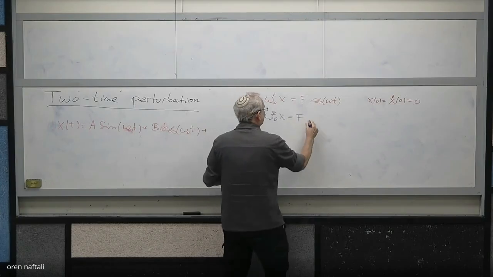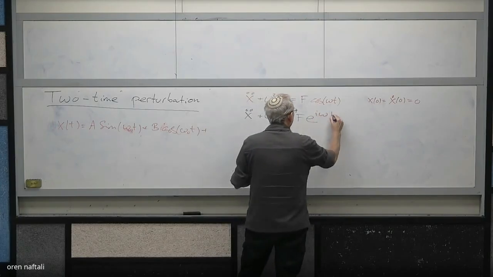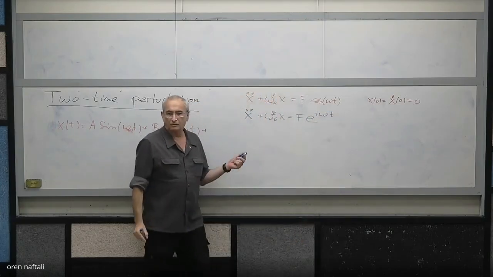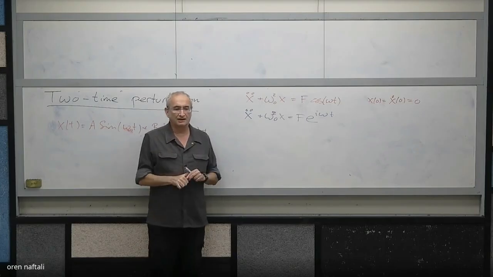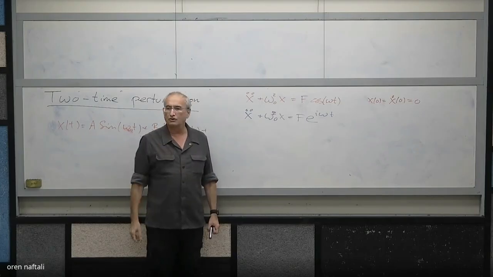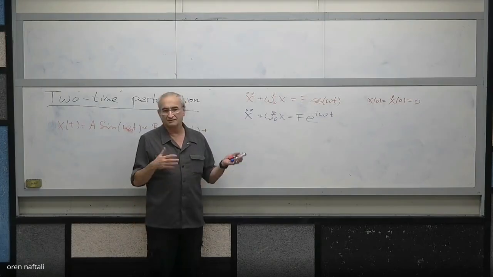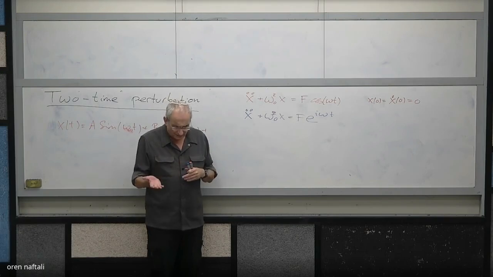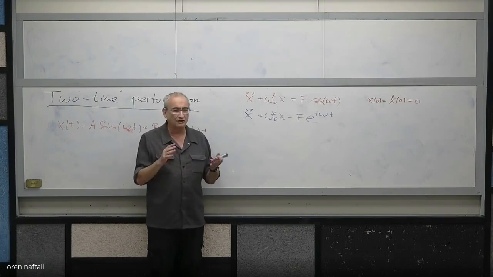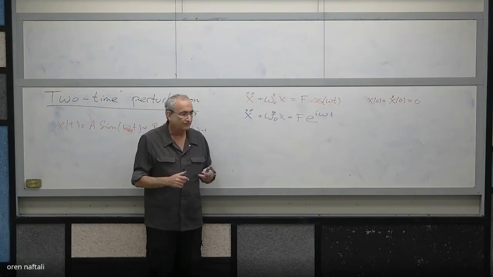equals f e to the i omega t, which is a completely kosher procedure once we agree that we will take the real part of the answer. As long as the equation is linear, we can always solve it in the complex plane and then take either the imaginary or the real part of the solution.